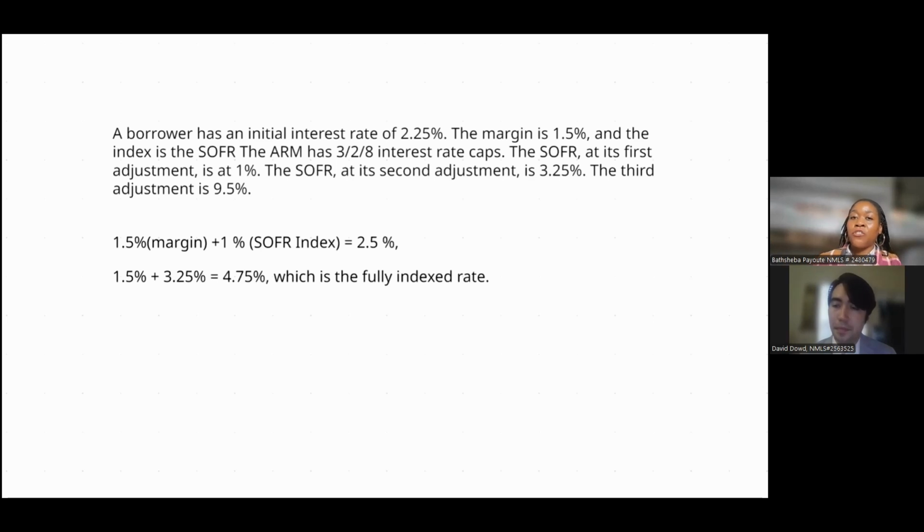So for the 12 months you're at 2.5, and then next year it could be at 4.75, your interest rate, because they're always checking the SOFR index and adding that to the margin and checking to see, are they at the cap or are they below, and whatever number that matches is the one they're going to pick. So just wanted to add that.